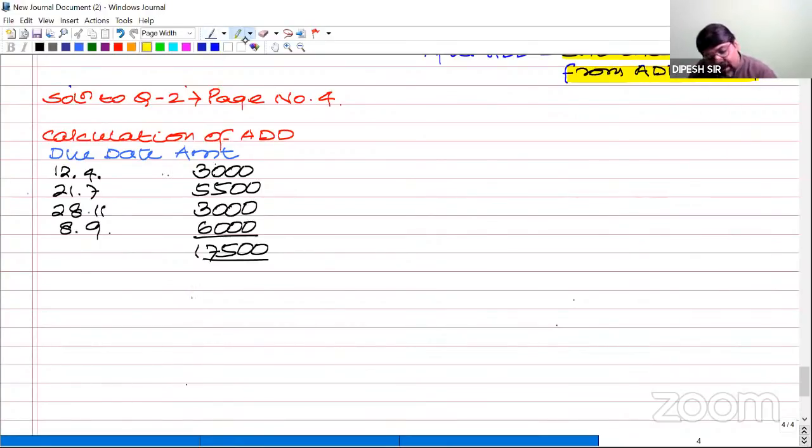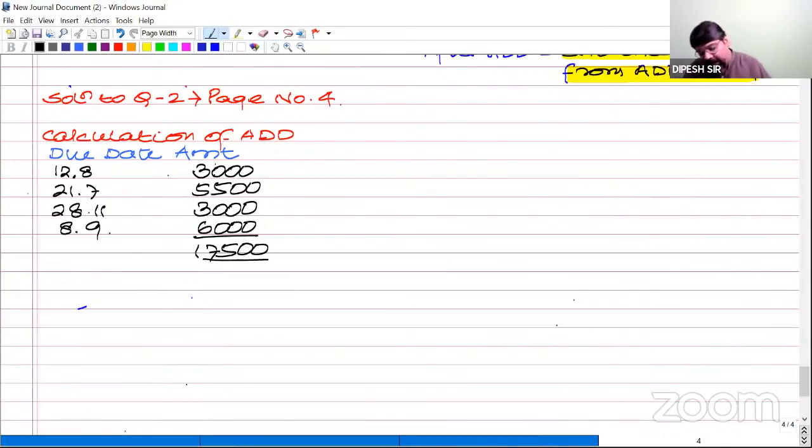Thereafter, which will be the base date? The earliest. The first due date is 12th of August.